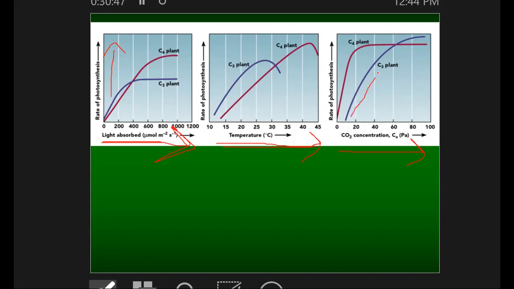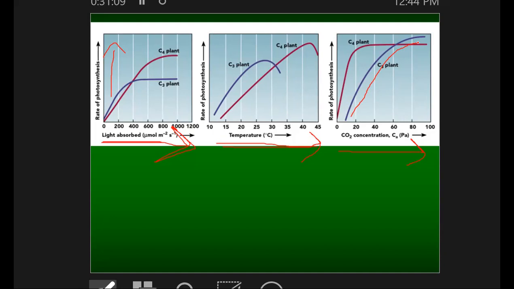But with C3 plants, if you give them extra CO2, they're like, oh, okay, yeah, because that starts to minimize the PCO cycle. Remember, C3 plants are pretty risky. The PCO cycle can run under the right conditions pretty easily in the C3 plant.